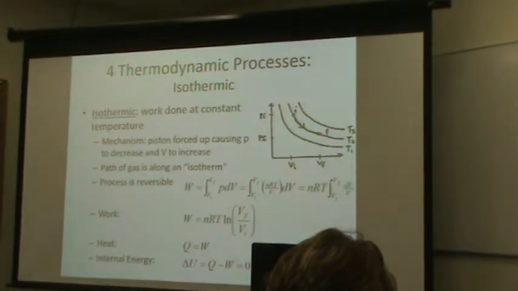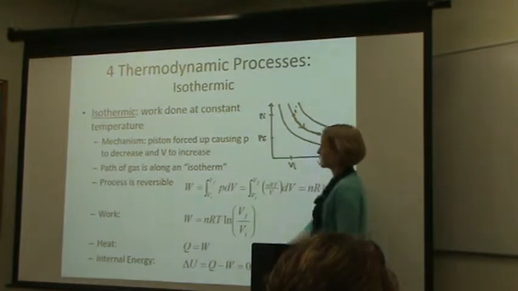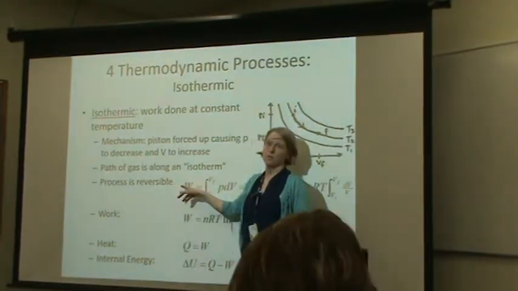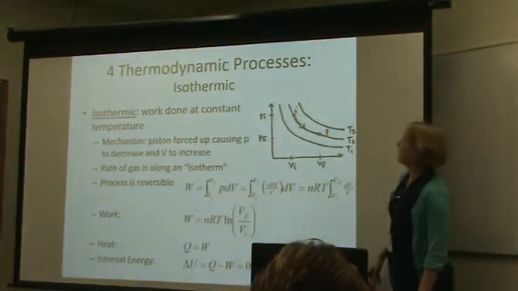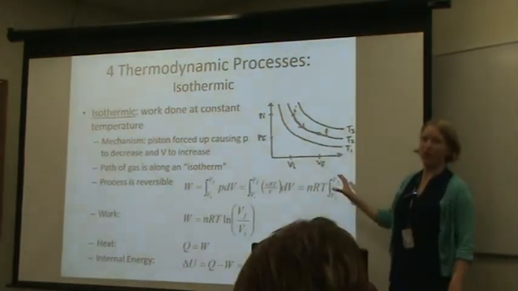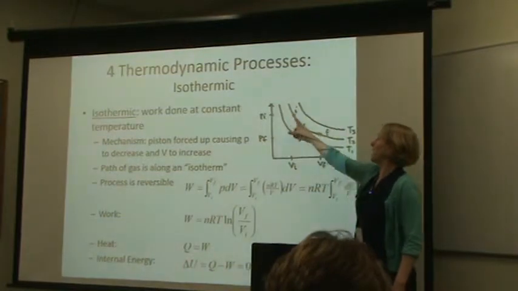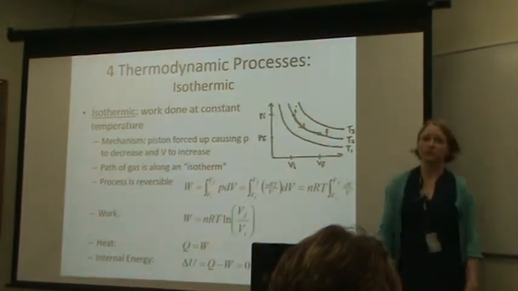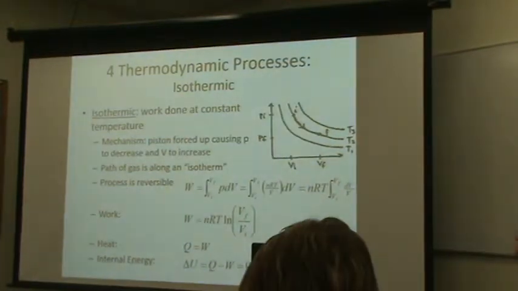This process is reversible, which just means that nothing about these equations changes if we go from I to F or from F to I. That's an important distinction to make.